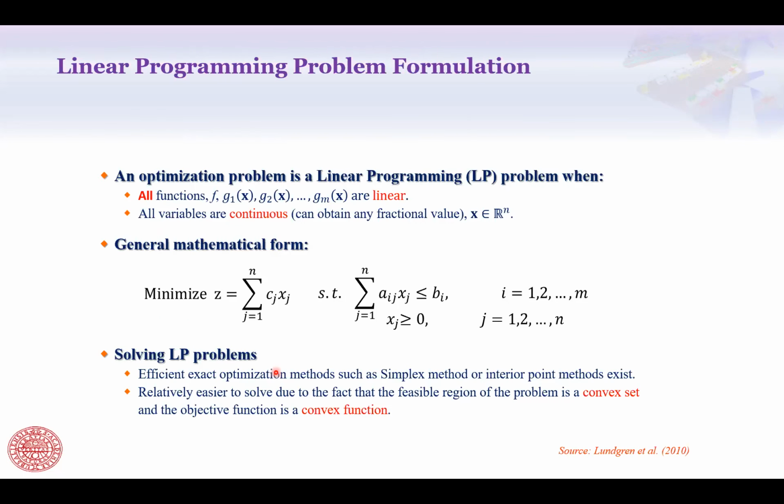An optimization problem is linear when all of the functions, in this case we have one function, single objective, but then we have multiple constraints, are all linear. But not only that, you also need to have all variables continuous. Practically, many of the software packages, and even some algorithms you can easily download from Python.